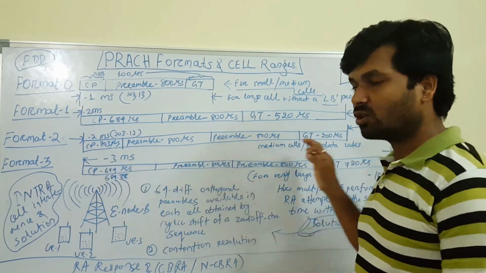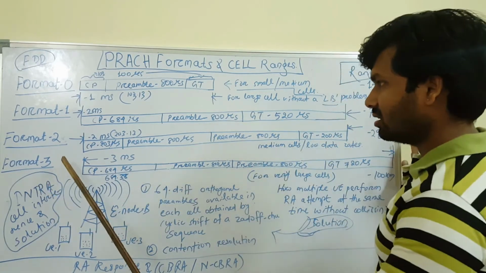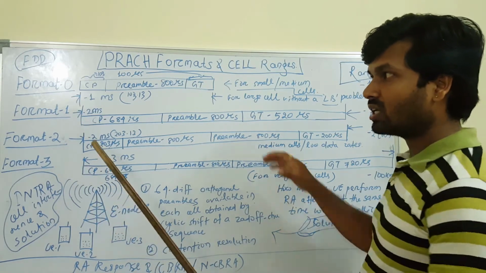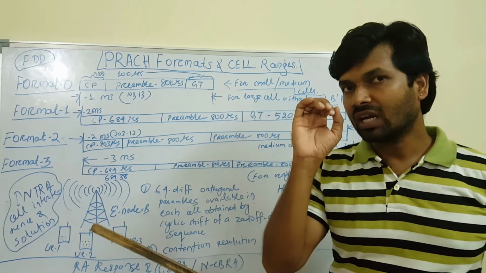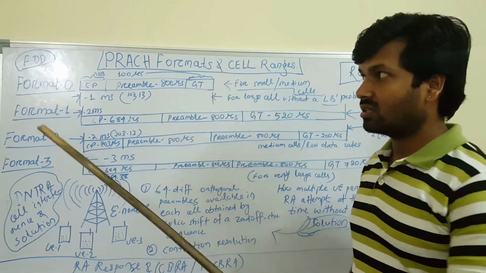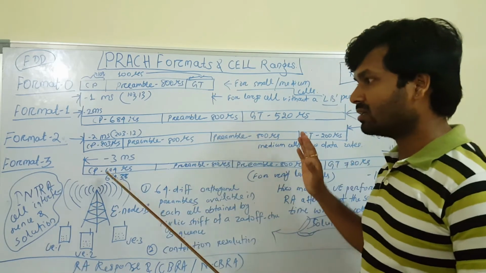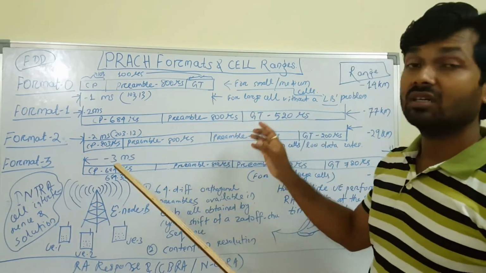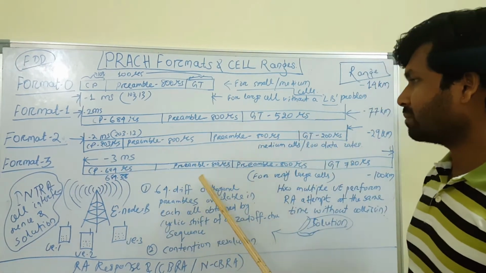Because format 3 is the only format which has a 3 millisecond length. Format 3 is 3 milliseconds, formats 1 and 2 are 2 milliseconds each, and format 0 is 1 millisecond. So please remember these differences between the formats, the cyclic prefix, exact preamble, guard time, exact timing and length.